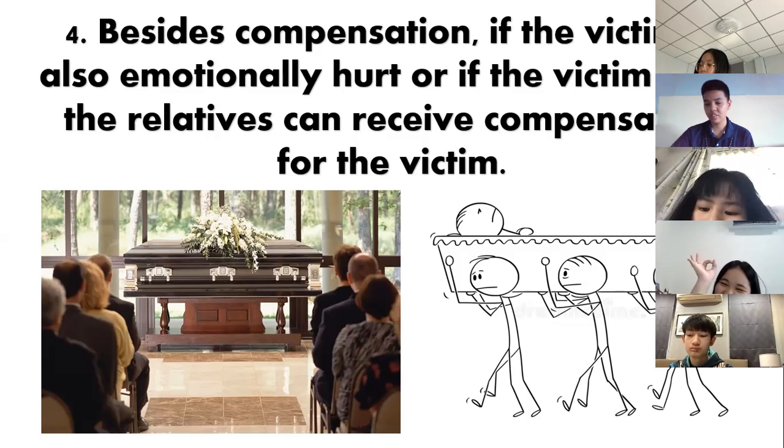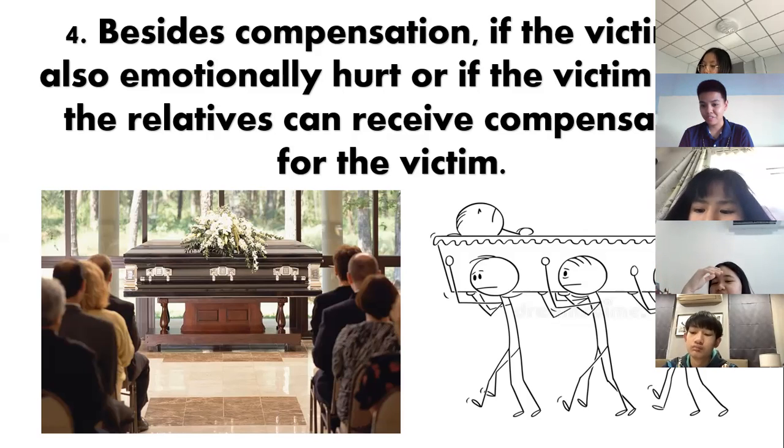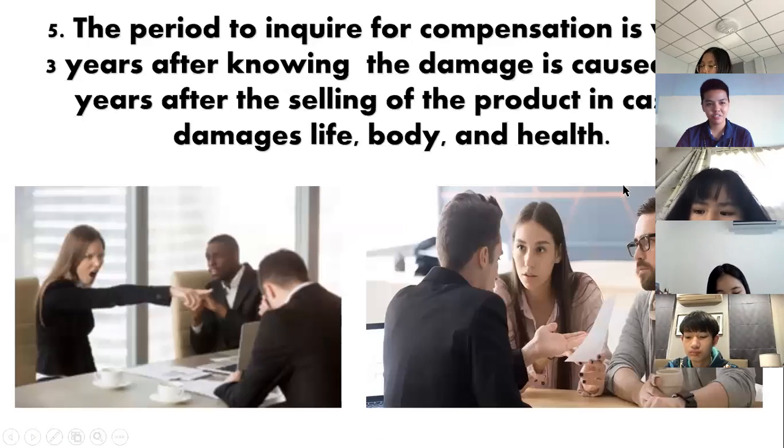Okay? It's so sad, no? You're the victim, but you cannot get anything. Your family will be the one who's going to get the compensation. Okay, let's go next. We have number 5.